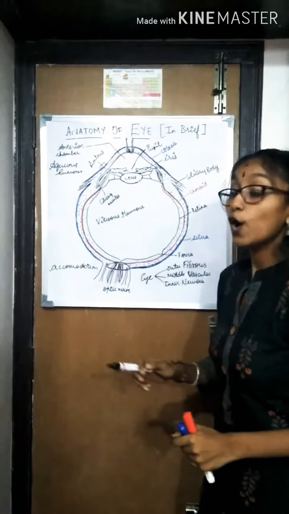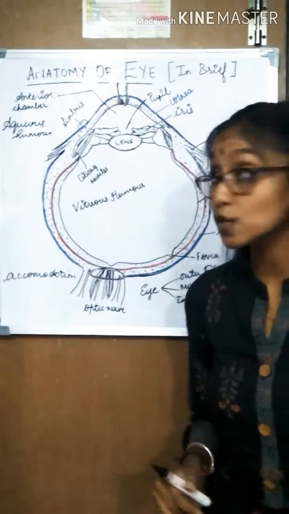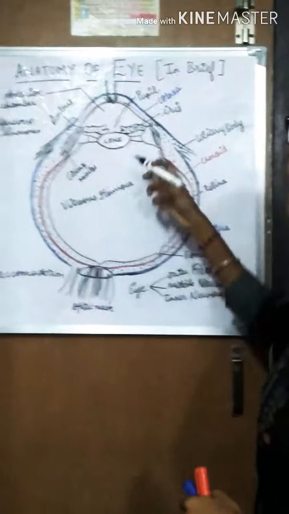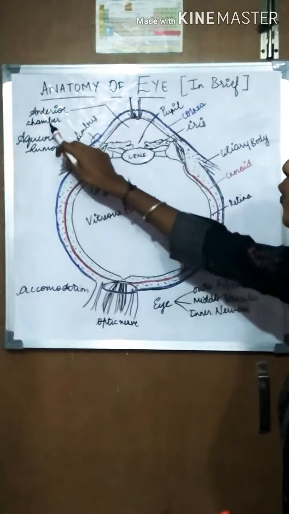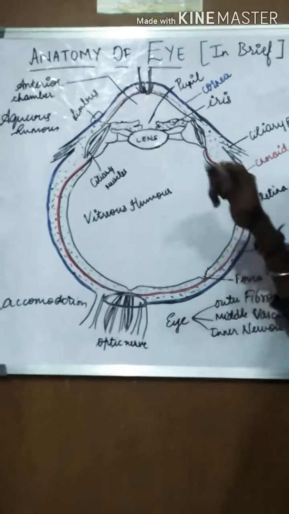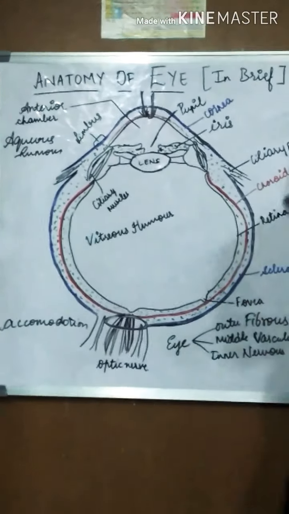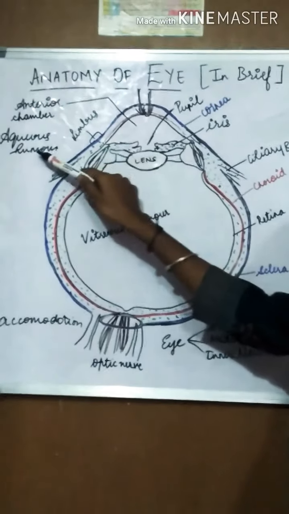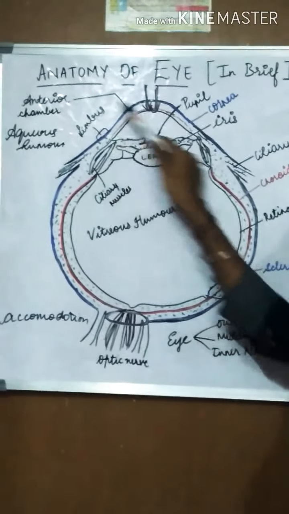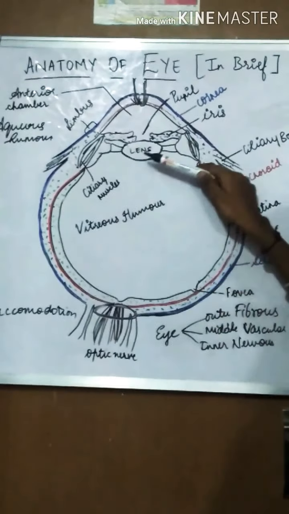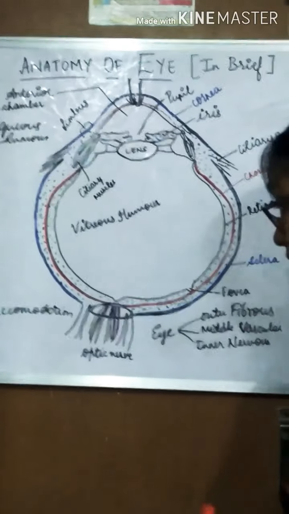The epithelial cells of the ciliary process secrete aqueous humor into the anterior chamber, which is present between the lens and the cornea.